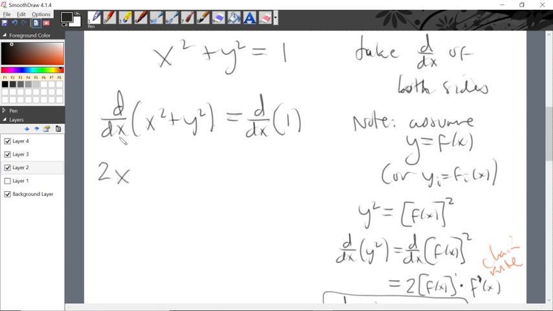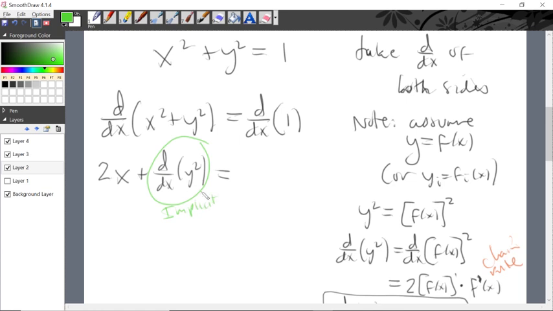All right? We're taking the derivative with respect to x of x squared, it's just 2x. But when we take the derivative with respect to x of y squared, that's where we apply the implicit differentiation. Okay? So here's where we need it.